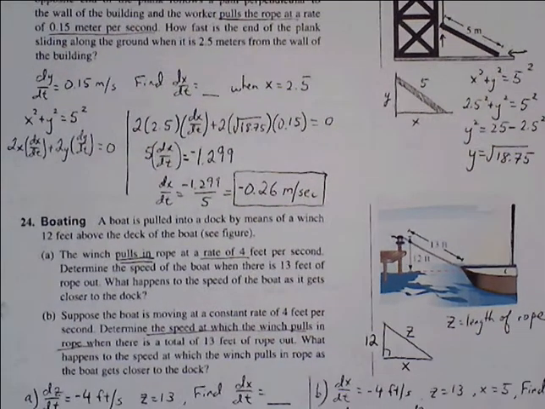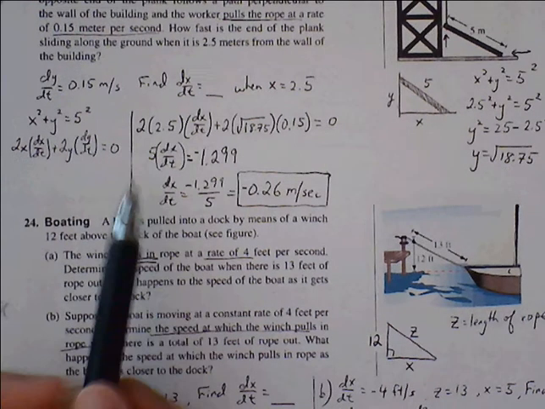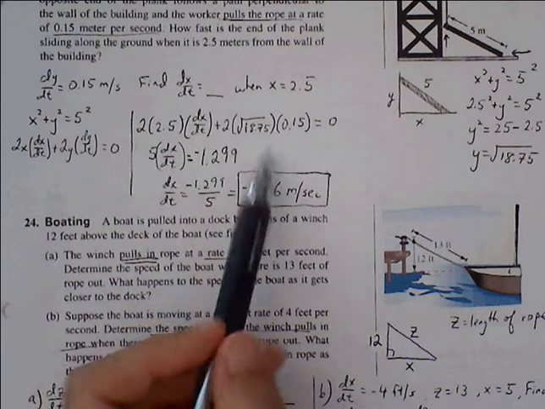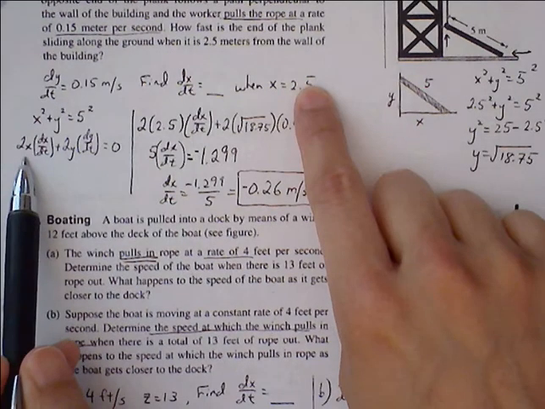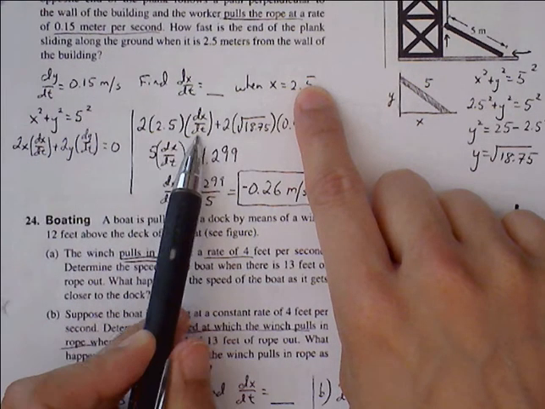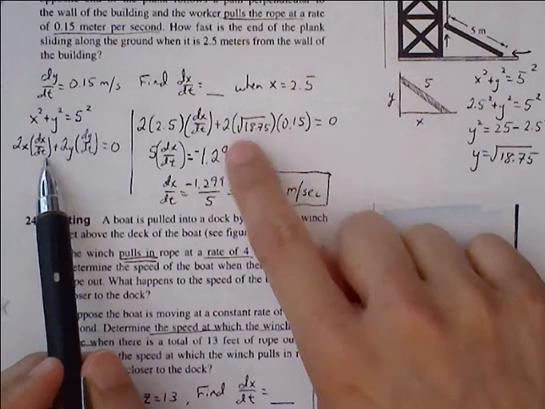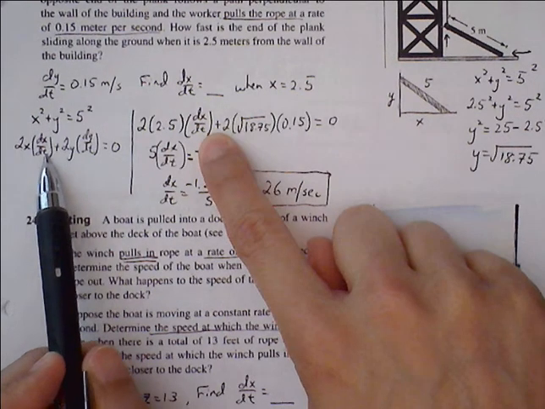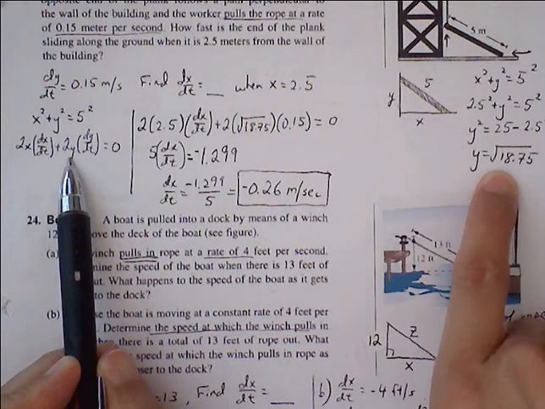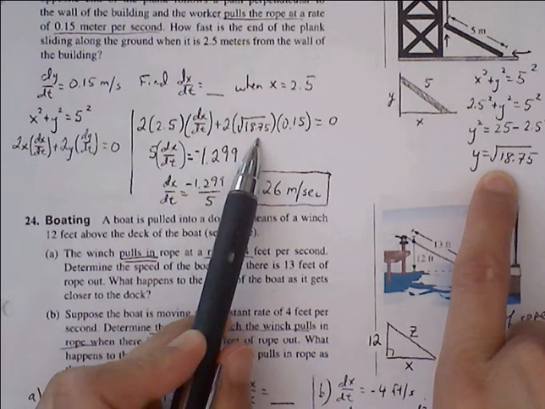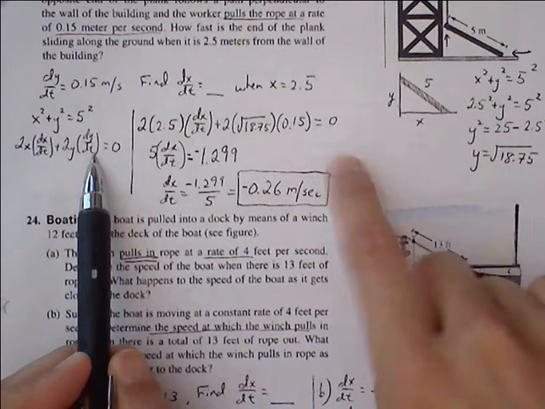So we should have enough information now to plug into our equation. Replace x with 2.5. Replace dx/dt with, well, that's the missing variable we're looking for. Replace y, which we just found, with root 18.75. Replace dy/dt with 0.15.